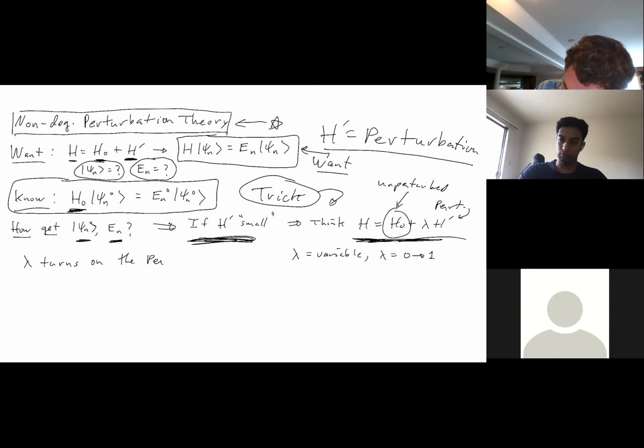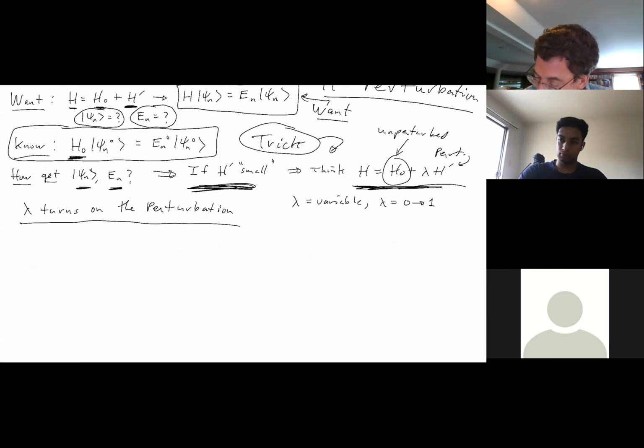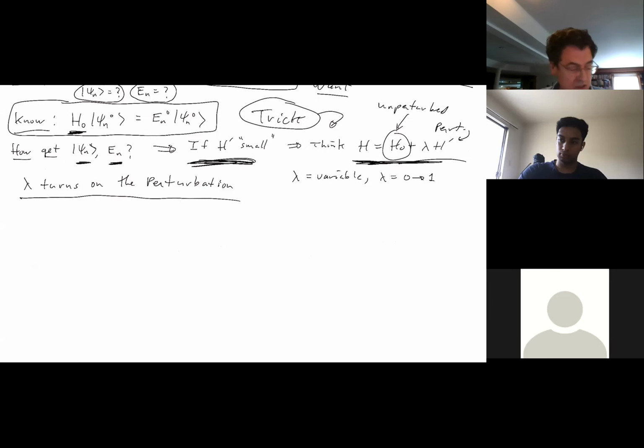And so I want you to have a picture in your head, because it's very physical. I mean, it's a bunch of equations, but there's a very simple physical picture. The idea is that you have your system, and this is the picture you should have in your head. Start with the unperturbed states, and the unperturbed states look like this. Let me get all arranged here.